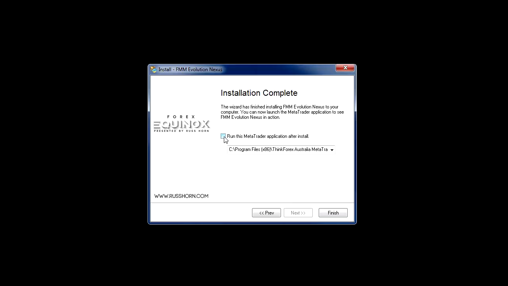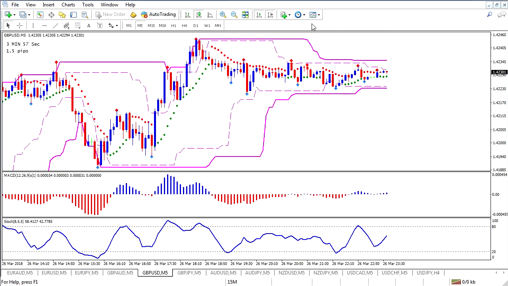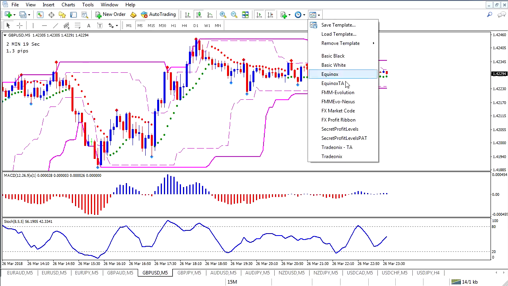It will launch the platform that you've installed it on. So now I'm going to click finish. And now I will open the MetaTrader platform that I do want. And from here, under my templates icon, I'll click templates and then click on FMM Evo Nexus.